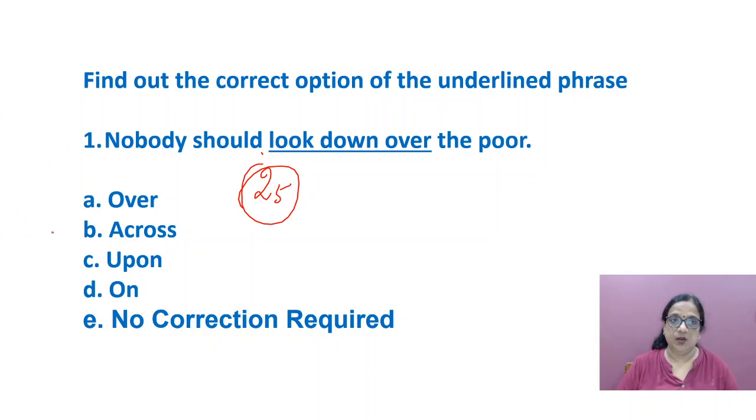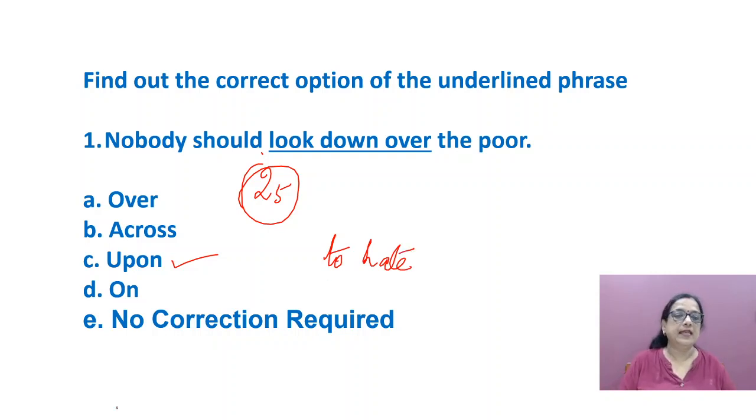Over, across, upon, on, or no correction required. The correct option is, nobody should look down upon the poor. That means nobody should look down upon means what? To hate.